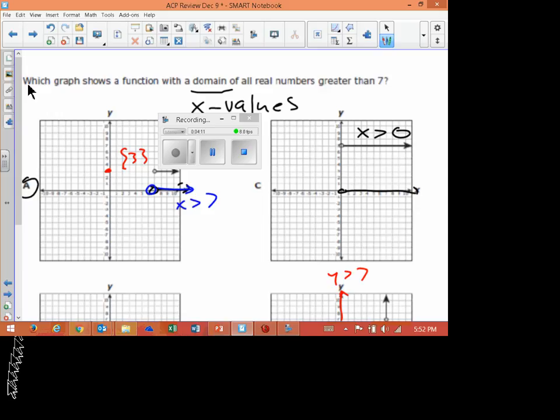On the y, it's just at 3. And same case here, only at 7. So your range is 7, y equals 7.